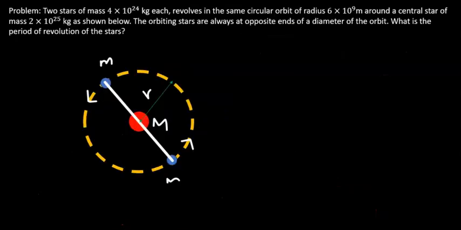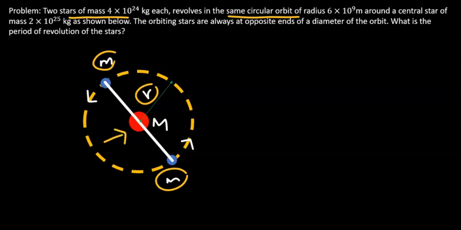Problem 3. Two stars of mass 4 times 10 to the power 24 kg, so that is this and that, revolve in the same circular orbit of a radius 6 times 10 to the power 9 meters around a central star of mass 2 times 10 to the power 25 kg as shown below.